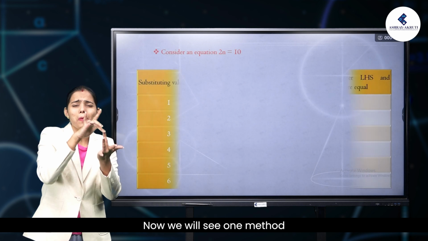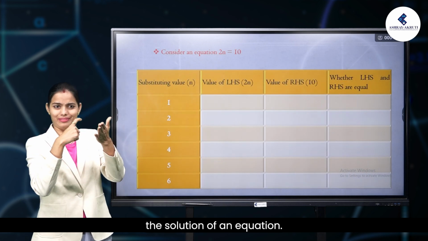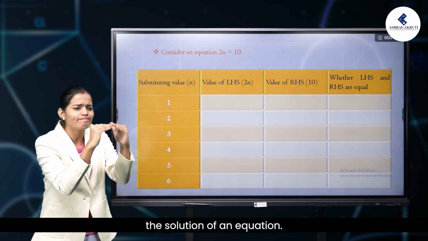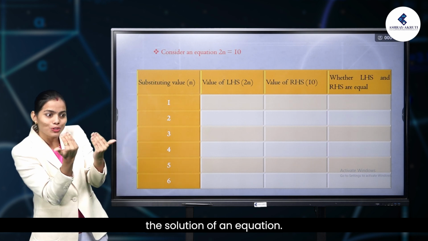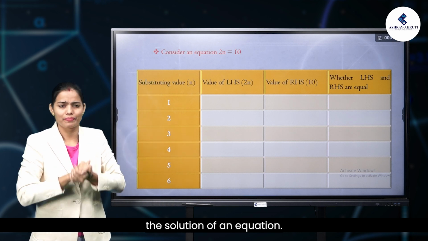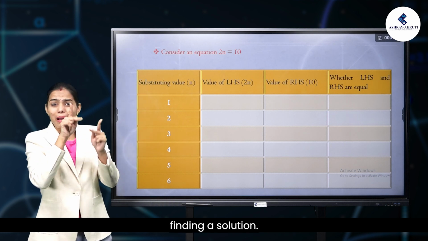Now, we will see one method called the trial and error method to find the solution of an equation. This is not a direct and practical way of finding a solution.